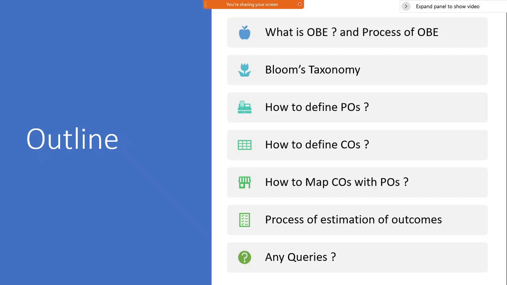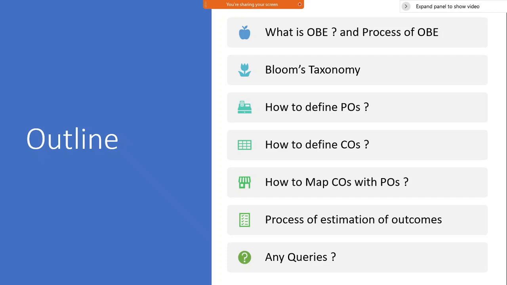Then, what does Bloom's taxonomy mean and how do we use the POs? I will not say defining the POs, because they are already defined by AICTE, the NBA committee and many others. How do we use those POs in our day-to-day work and teaching-learning process? Then, how to define the COs, what approach we should take towards defining them, and how to connect the COs and POs.